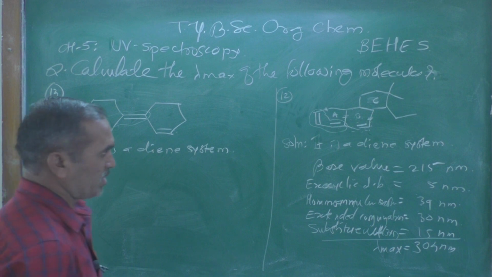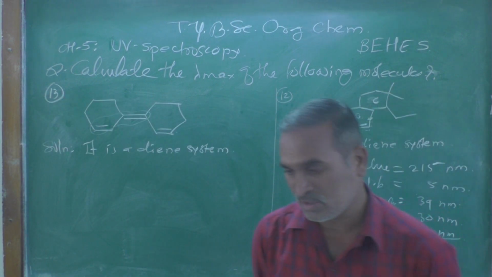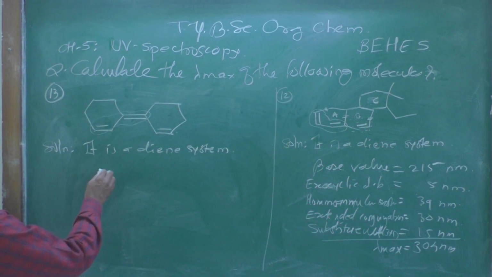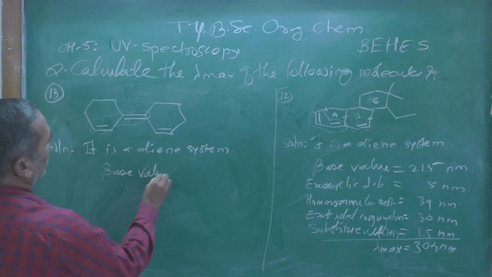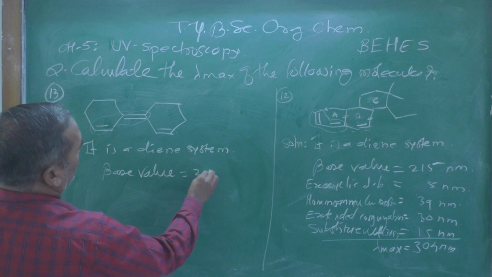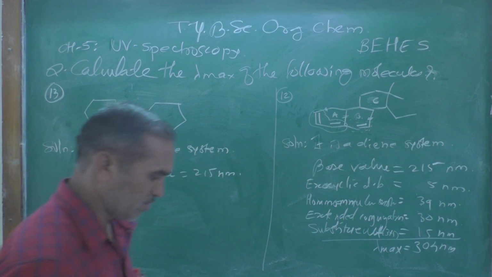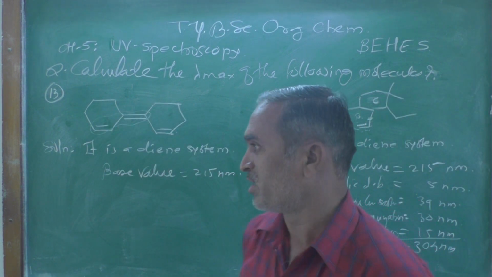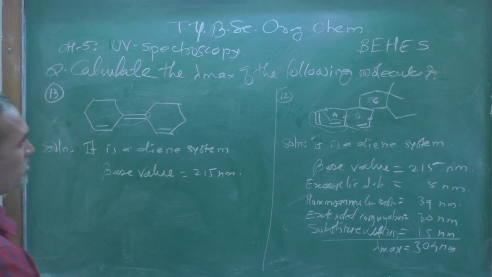And once it is a diene system, as we know, the base value for a diene system will be only one. So here you can write down the base value. As we know, the base value for a diene system is 215 nanometer. That's it. And once the base value is calculated as 215 nanometer, then see whether a ring is present or not.